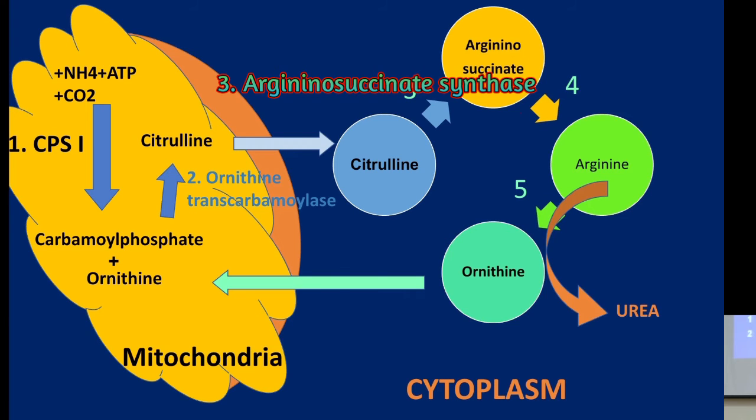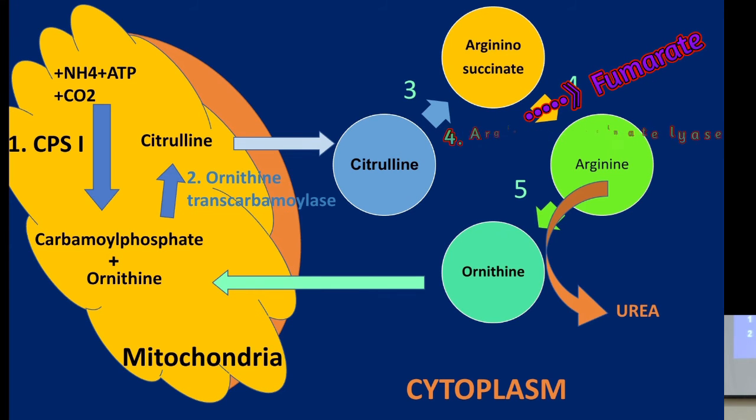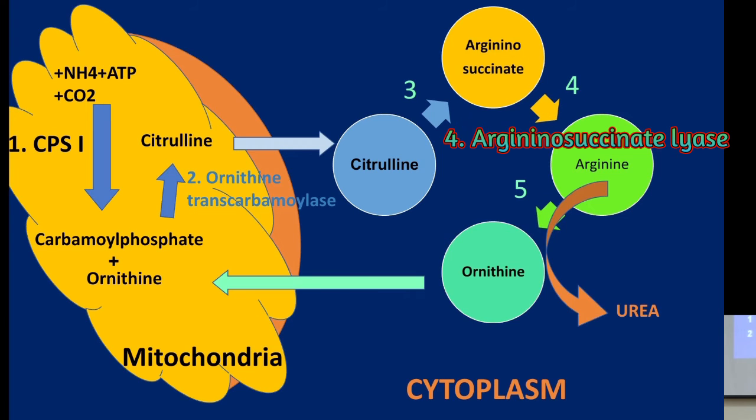Argininosuccinate is broken down to arginine by argininosuccinate lyase, releasing the carbon skeleton, fumarate. This is just to tell you that the fumarate is recycled. Don't worry about all the details here, but it's not wasted. It's used to make malate or oxaloacetate and so on.